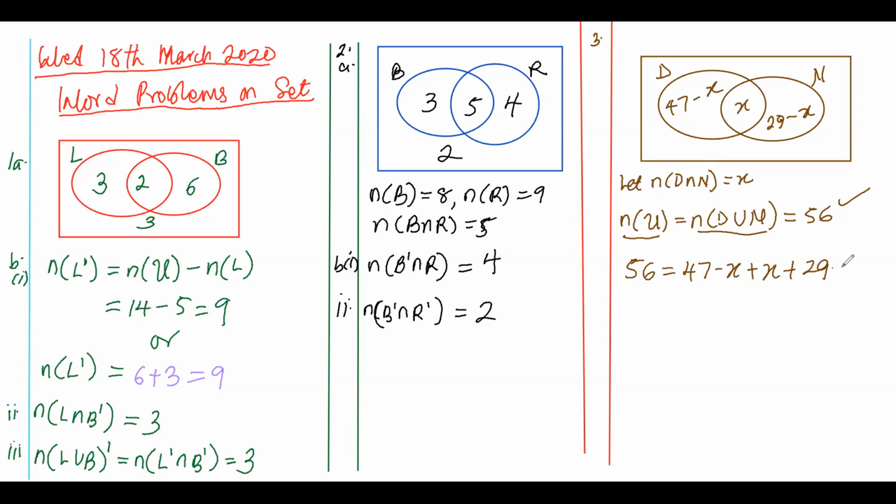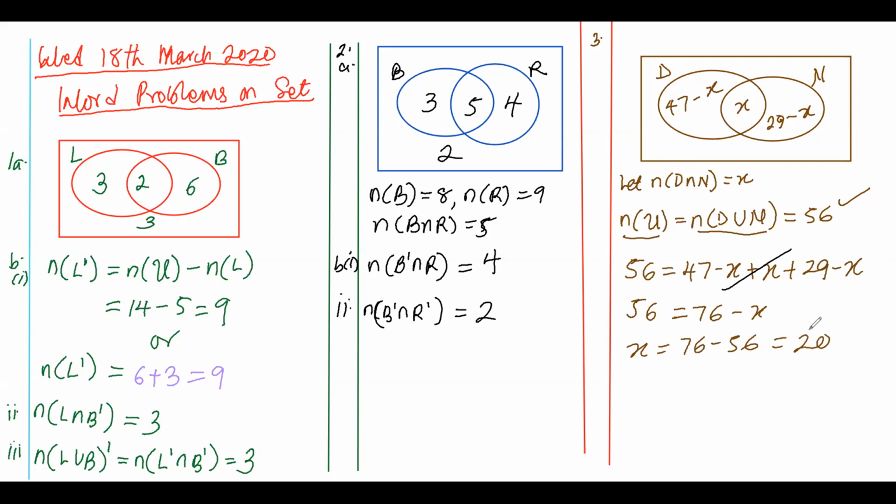I'm adding all the regions in order: this region plus this region plus this region, everything is 56. With that, minus x plus x is 0, so that part is gone. Then we have 56. 47 plus 29 will be 76. Am I right? Yes. So x will be 20.